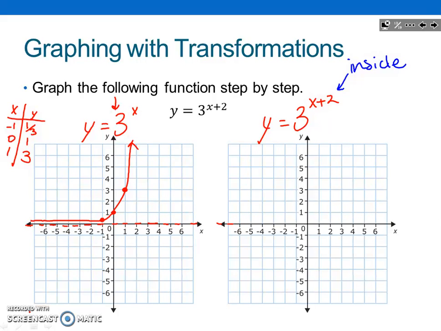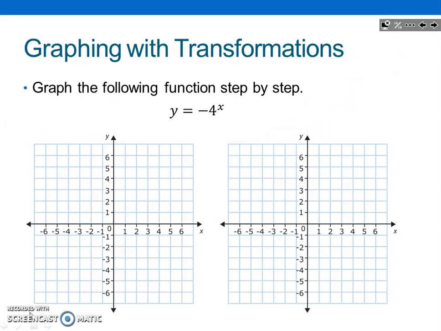Okay, my asymptote shifts to the left 2, but it's an infinite line, so it doesn't really look like it does. Okay, each of my points also shift to the left 2. So there's an example of a horizontal shift for you guys.